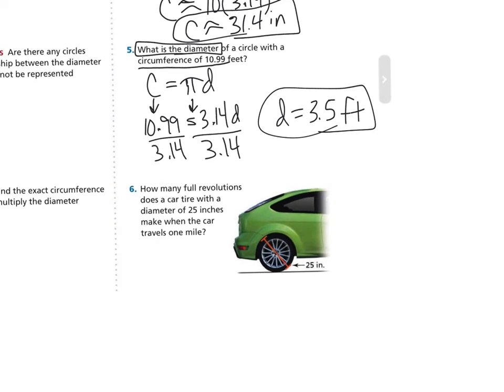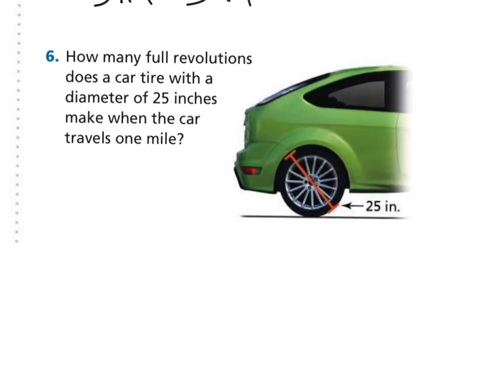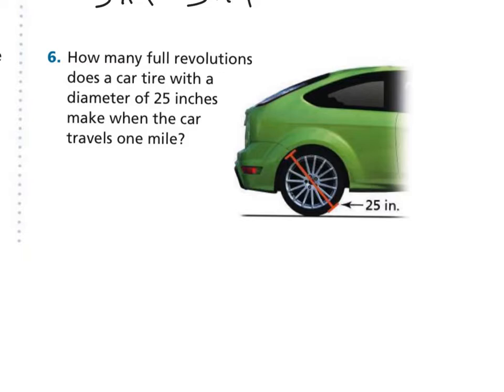And we look at number 6. How many full revolutions does a car tire with a diameter of 25 inches make when the car travels 1 mile? So this one we have a little bit of converting that we'll need to do.